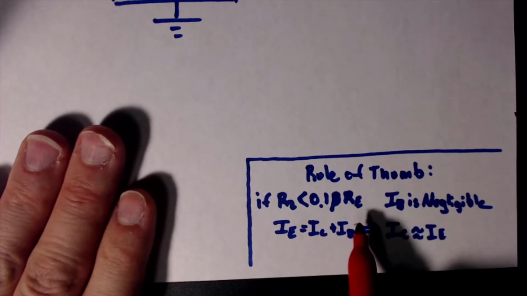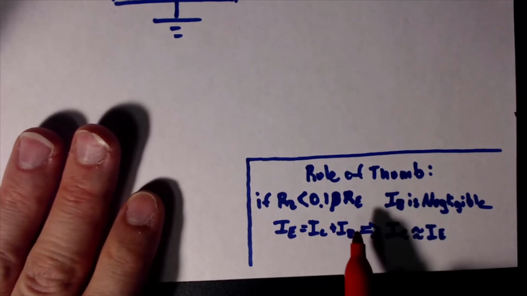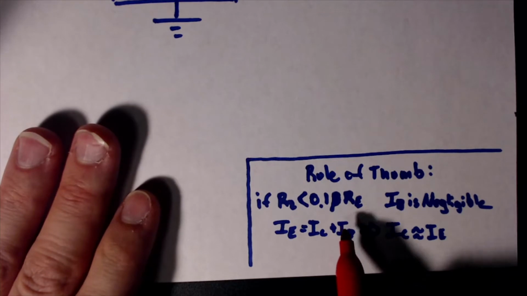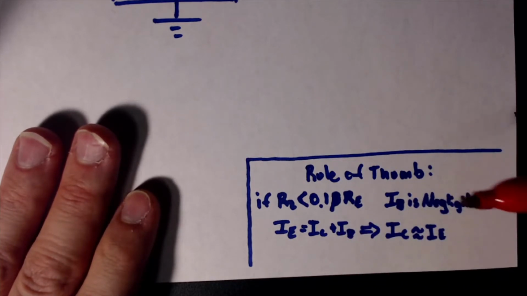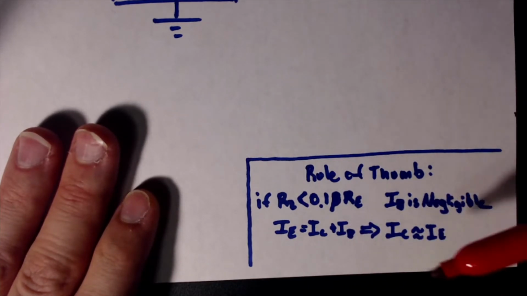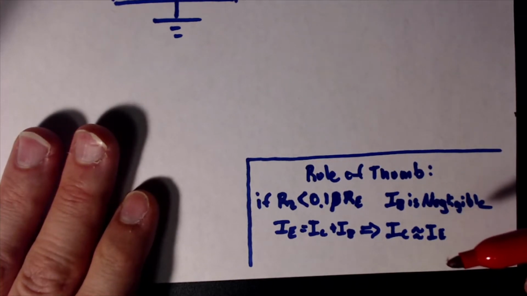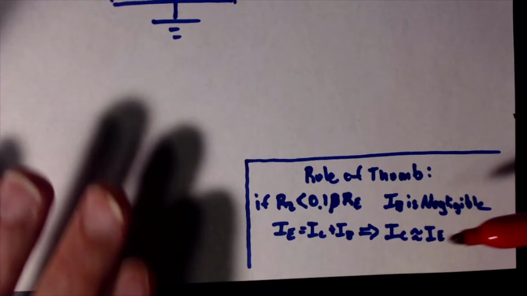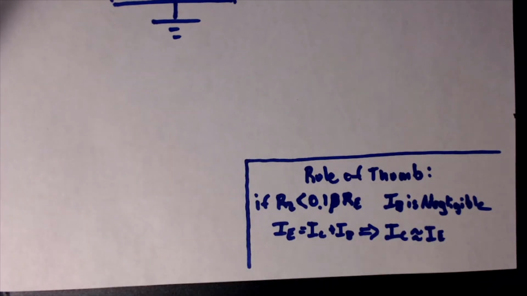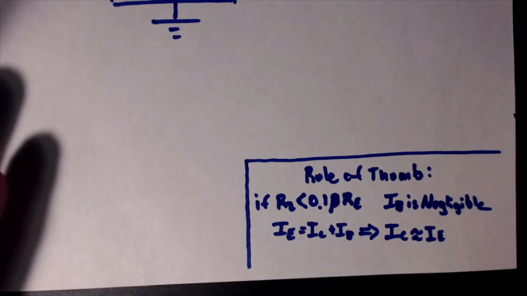That's just a rule of thumb. You don't have to memorize this on any exam that I give. I would tell you in the problem statement to use the approximation technique or use the Thevenin technique. Both of those pretty much cover your bases for all of these voltage divider bias circuits.